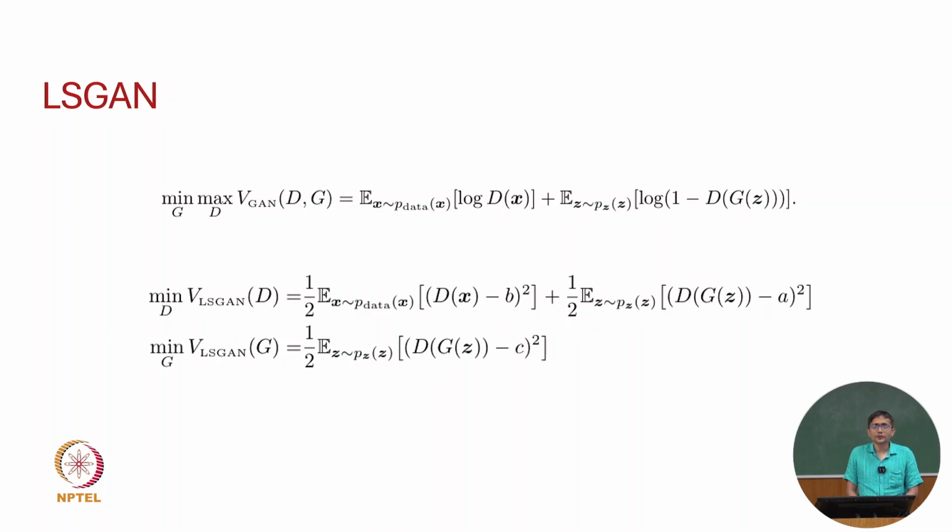Now think from the perspective of the discriminator, what would be the ideal value for A and B? As you would have guessed, a possible choice of parameters here would be A is equal to 0, B is equal to 1.